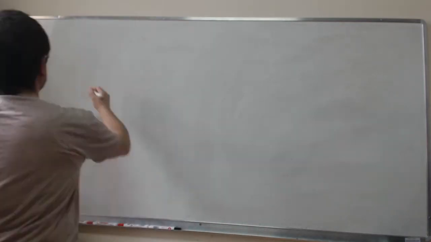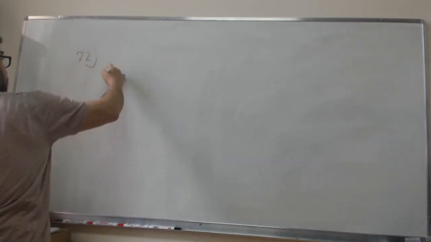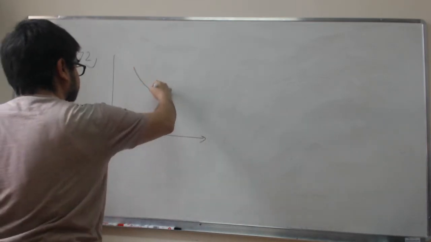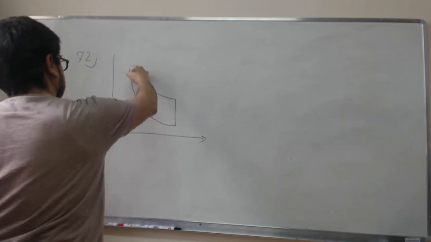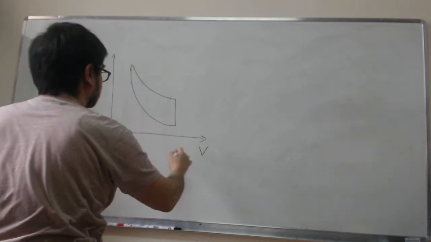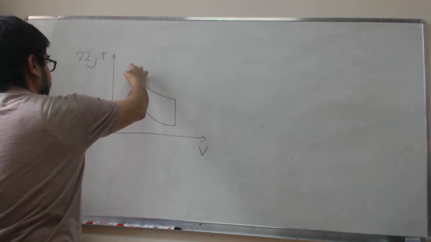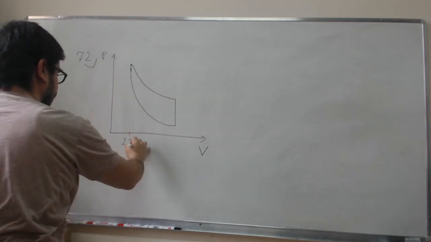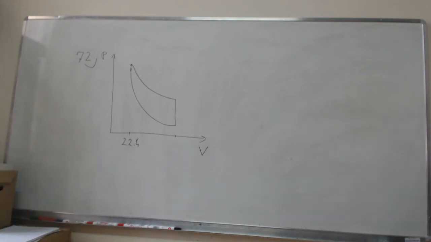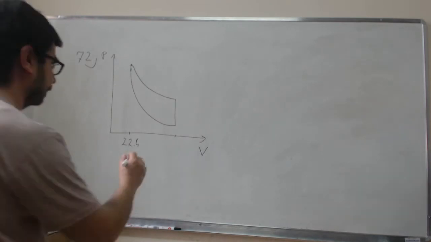So this is 72. Let's see. We have a process, isothermal, and then adiabatic. So this is the PV diagram. And we start at standard temperature and pressure, so this is just 22.4, and then it increases to 2.5 times its initial value, which makes it 56.